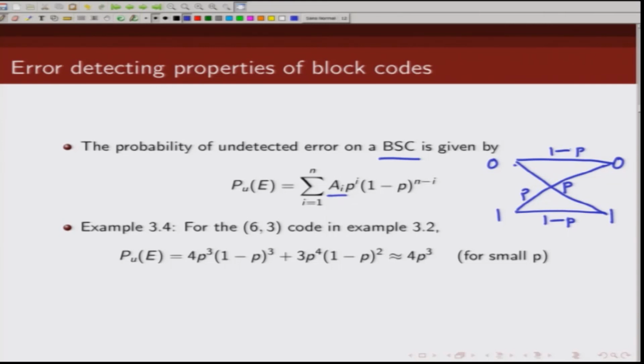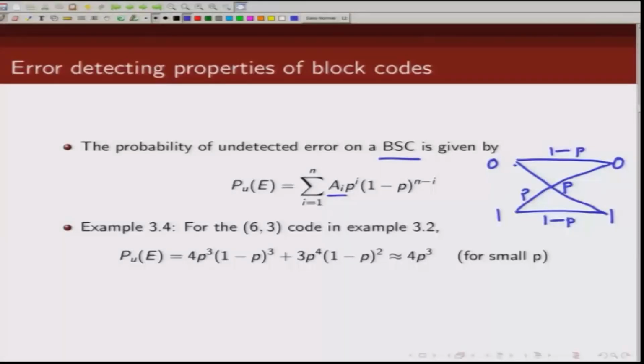So, you are sending a code word which is an n bit tuple. Now, what is the probability that you are sending an all 0 code word which is of all 0 bits, you receive another code word of weight I. Now, that probability is given by p raised to power I. This will happen when I bits get flipped and n minus I bits do not get flipped.